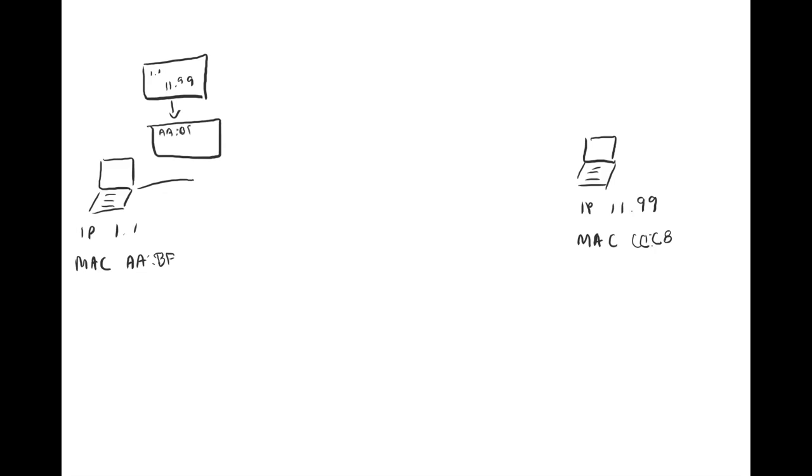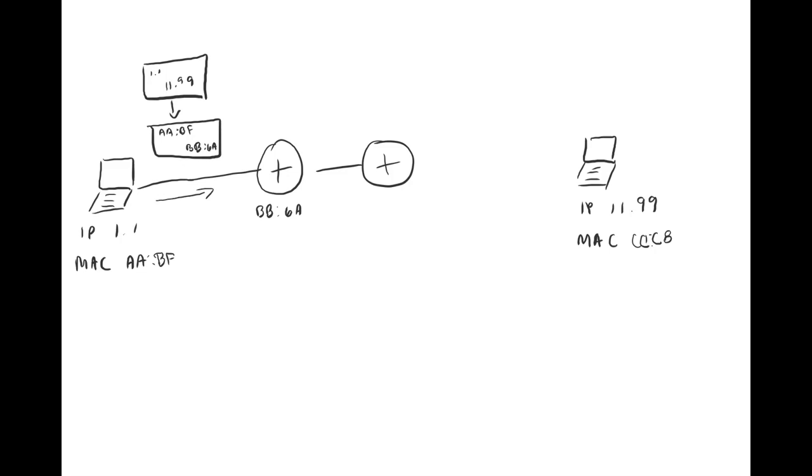But for the destination, let's say it's connecting to a router, and this router is going to have the MAC address BB6A. For the destination, it's going to add the router's MAC address, BB6A. And then it's going to encode it and send it out to the router.